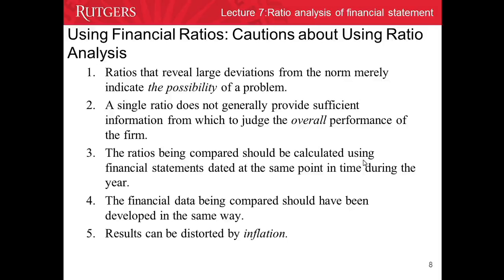So during the analysis, it's better to consider a few ratios together. The third one is that the ratios being compared should be calculated using financial statements dated at the same point in time during the year. The fourth point is that the financial data being compared should have been developed in the same way. Otherwise, the result is meaningless. Also, the results can be distorted by inflation.